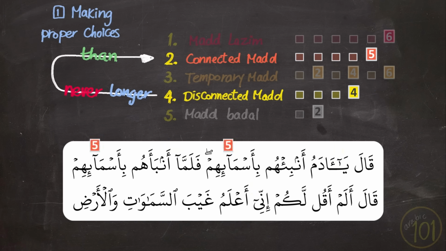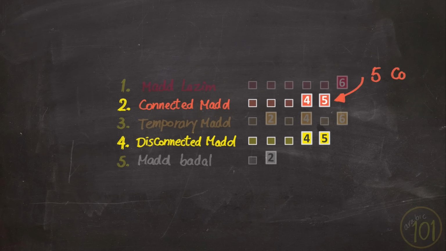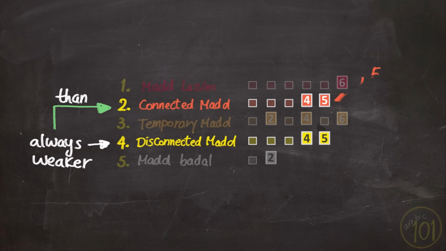But if you choose 5 harakat for the connected med, then you may choose 4 or 5 for the disconnected med. That's why I always prefer to elongate the connected med for 5 counts and the disconnected med for 4 counts. This way you will always know that even if you miss the timings a little bit, they would still fall within a reasonable margin, so that the weaker med will never be longer than the stronger one.